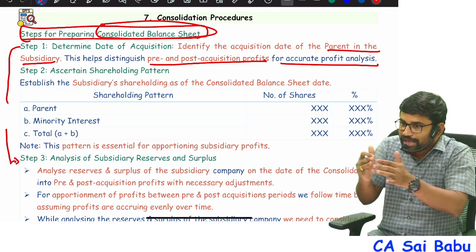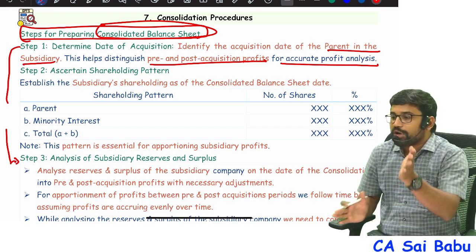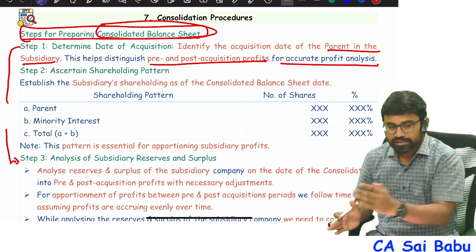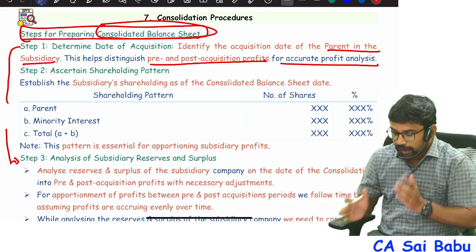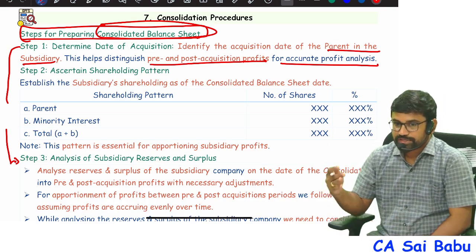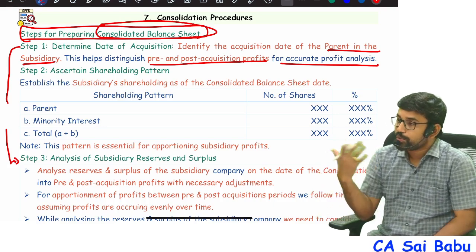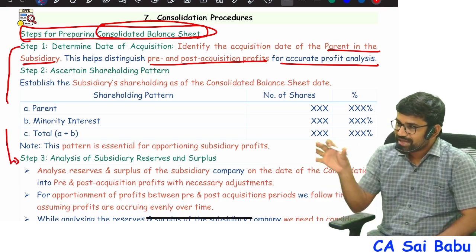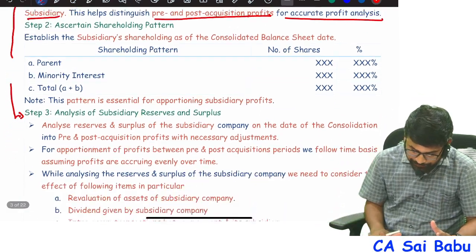To analyze this, we require the date of acquisition. Whatever profits are there in the subsidiary till the date of acquisition are called pre-acquisition profits. After acquisition, whatever profits are generated by the subsidiary are called post-acquisition profits. Why this analysis is necessary, I will explain in step number 3. So this is the first step.